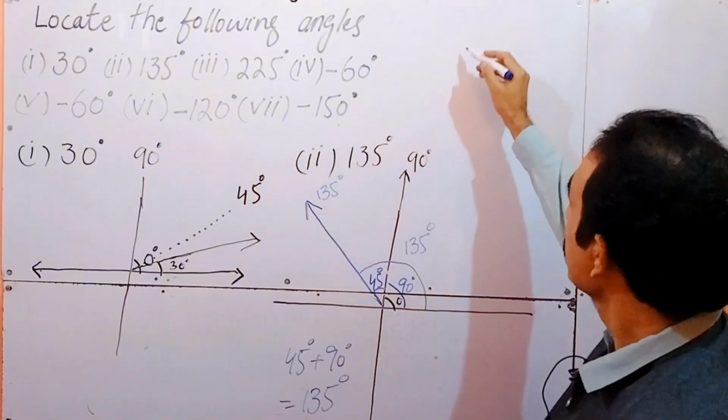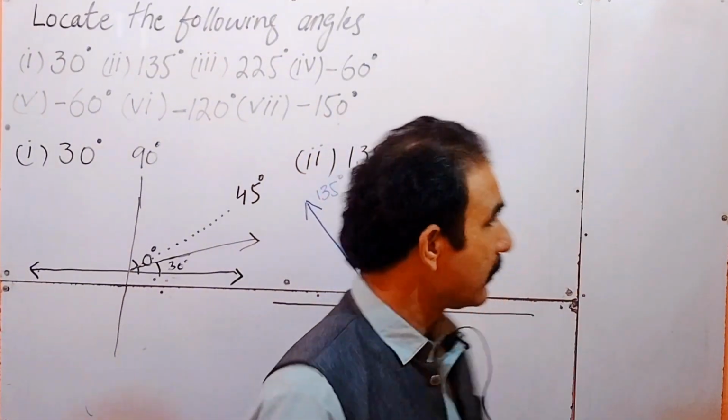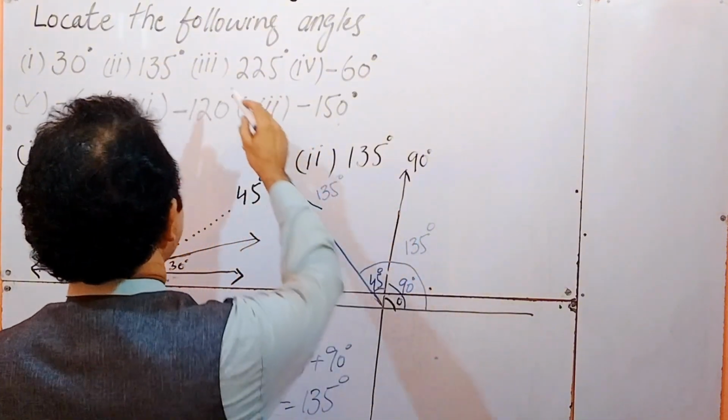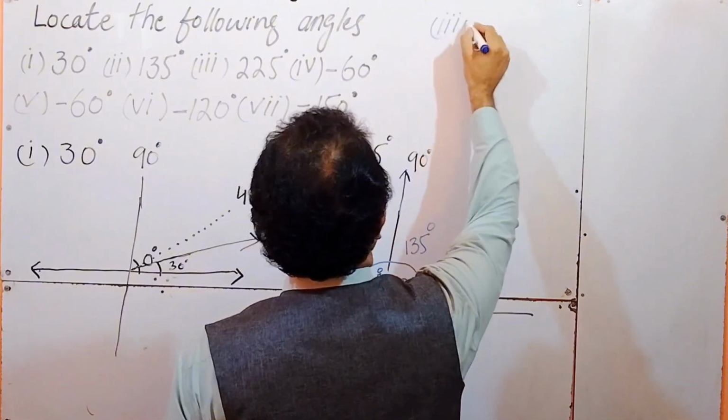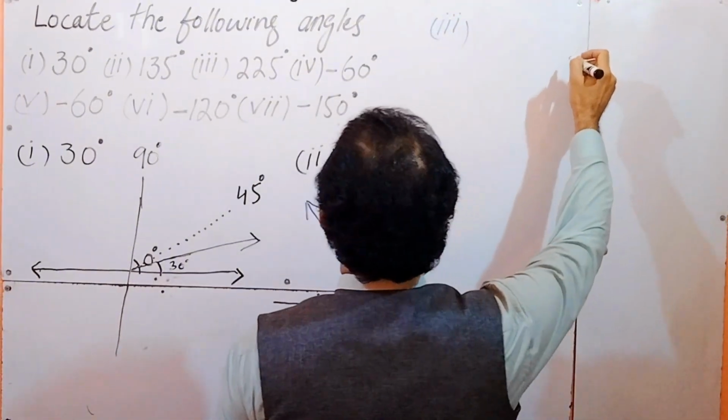Number 2. Now we see example number 3. Here we draw axis.